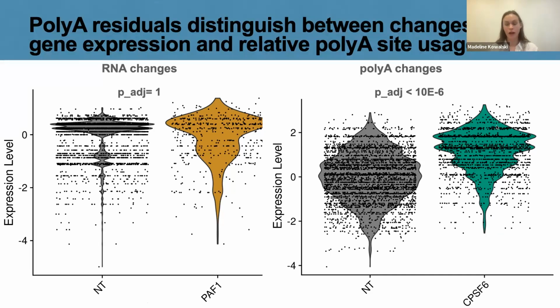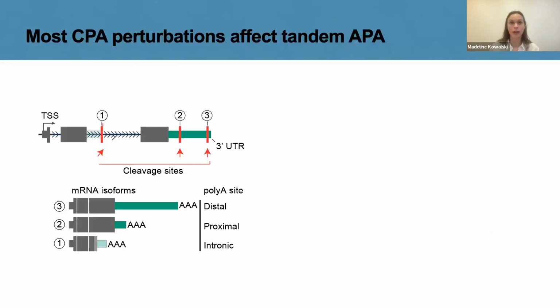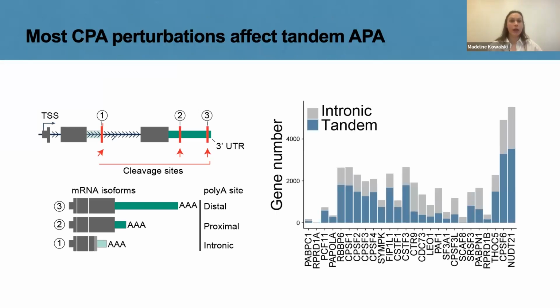Now that we have this polyA residual procedure, we can use this to identify significant changes in polyA site usage transcriptome-wide in each perturbation using a linear modeling approach. So we can identify genes where there are significant changes in polyA site usage, and we sought to characterize these genes, whether they cause tandem or intronic APA.